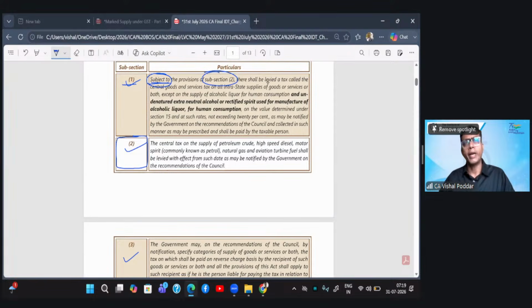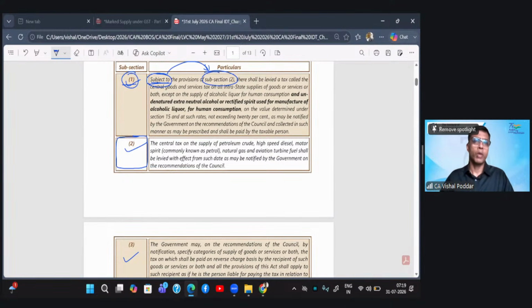Whenever you find this language in any section, subsection, or clause, it means that this subsection 1 is lower in application, inferior in application, to that provision to which it has been made subject.